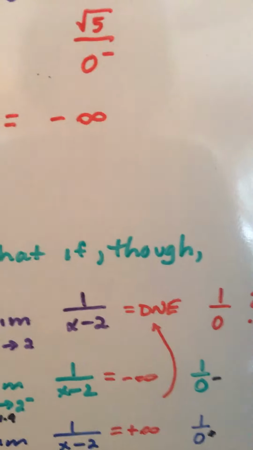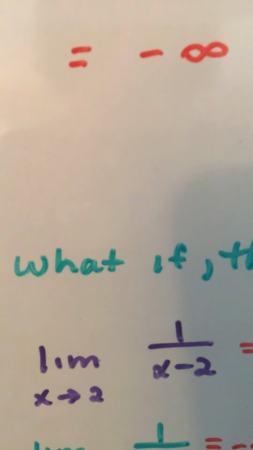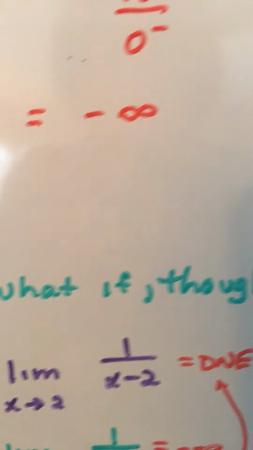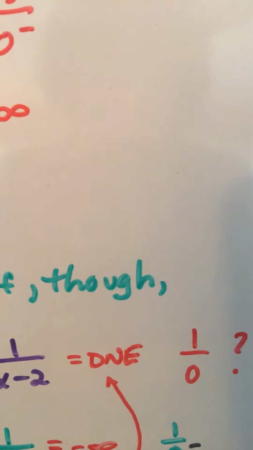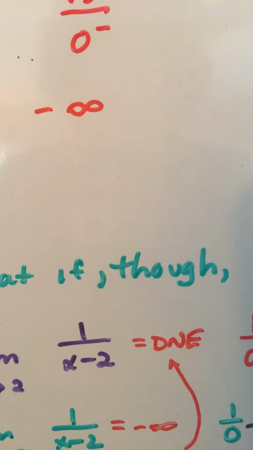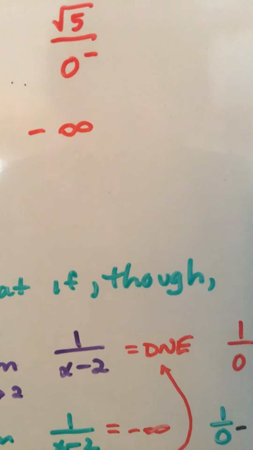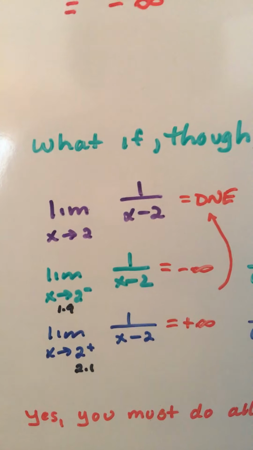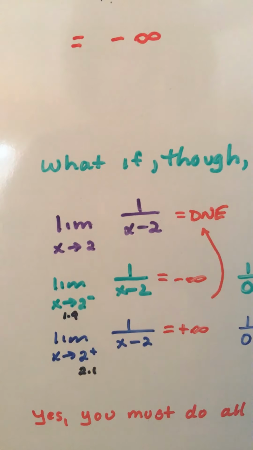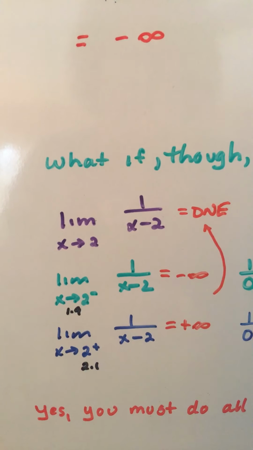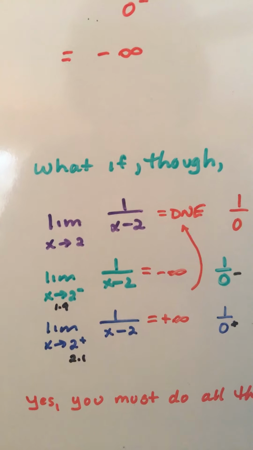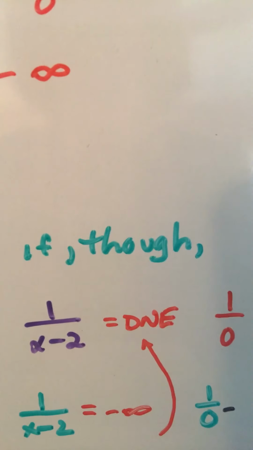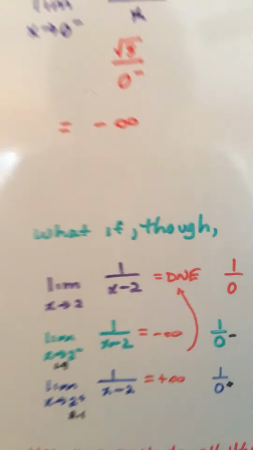But what happens if they just give you this problem and you get 1 over 0, no decision? You're sure it's probably going to be D and E. You're probably 99.99% sure. But you still have to show the work. You still have to show the left side goes to one infinity and the right side goes to the other infinity. Yes, you've got to do it all before you can conclude D and E.